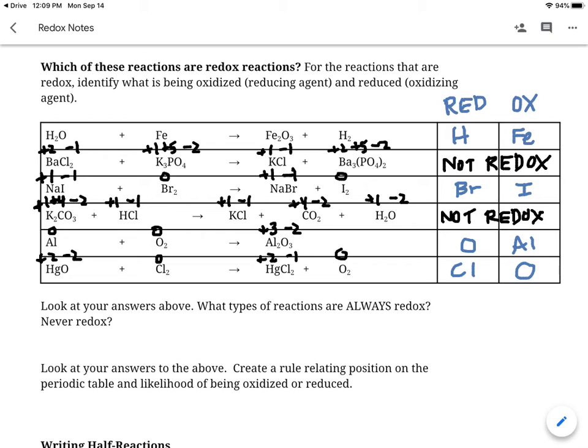What types of reactions will never be redox reactions? And then look at your answers in the box and try to create a rule that relates the position on the periodic table and the likelihood of being oxidized or reduced. In other words, what kind of elements are likely to be oxidized and what kind of elements are likely to be reduced?